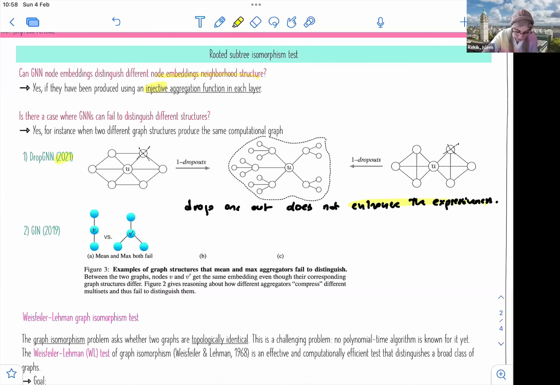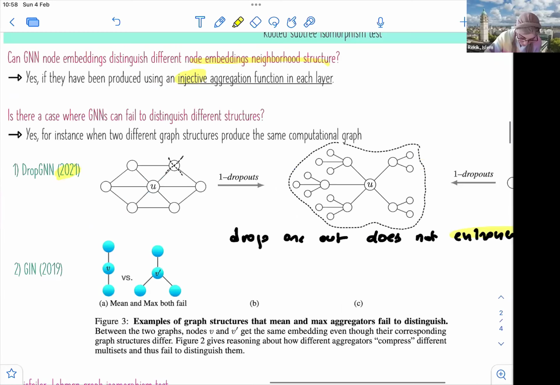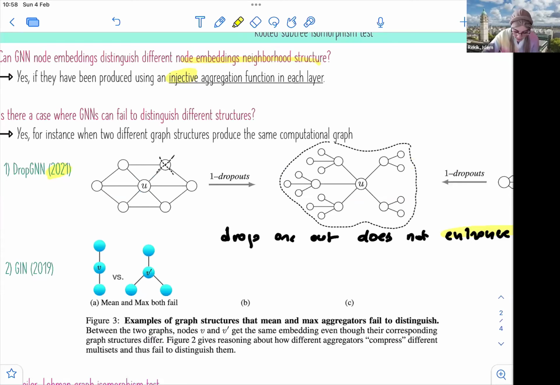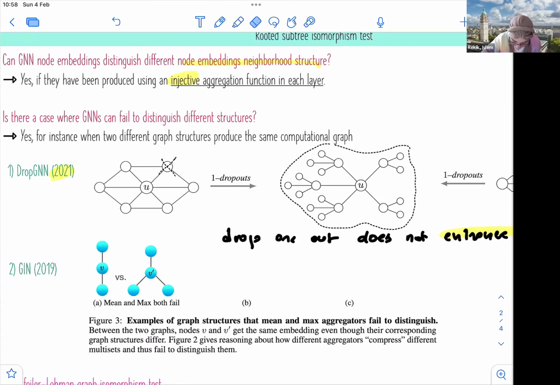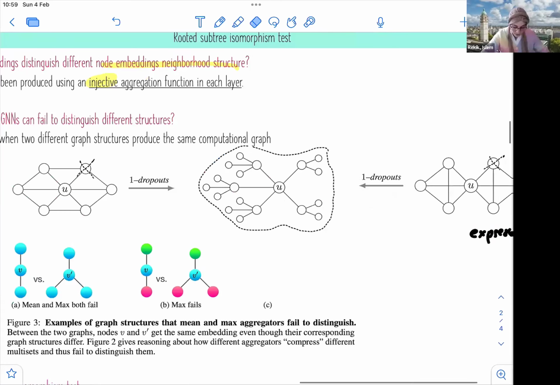Okay, so let's look at this example here. So when does it fail? Another example. Here, it's a figure from the GIN paper published in 2019. So here I'm going to remove these. So let's look at all these examples, guys. All right, so we have seen this before. So in these examples, first we have mean and max pooling.